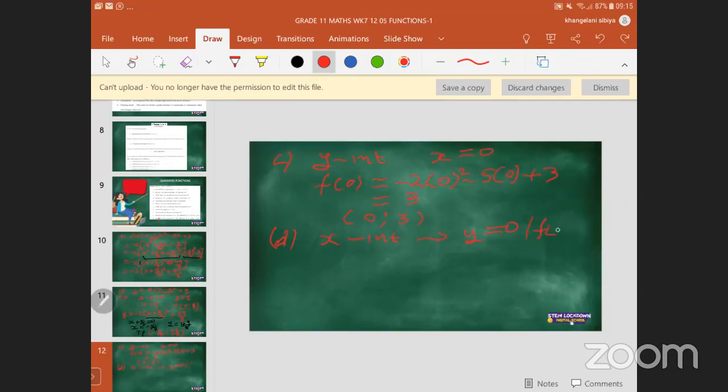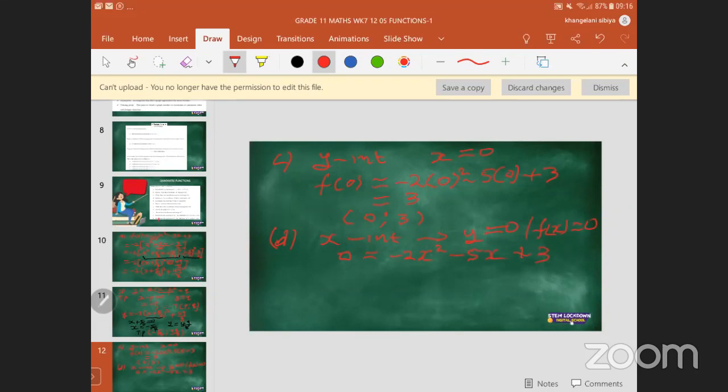So you say f of x equal to 0. So this will be 0 equal to negative 2x squared minus 5x plus 3. So you have to factorize.